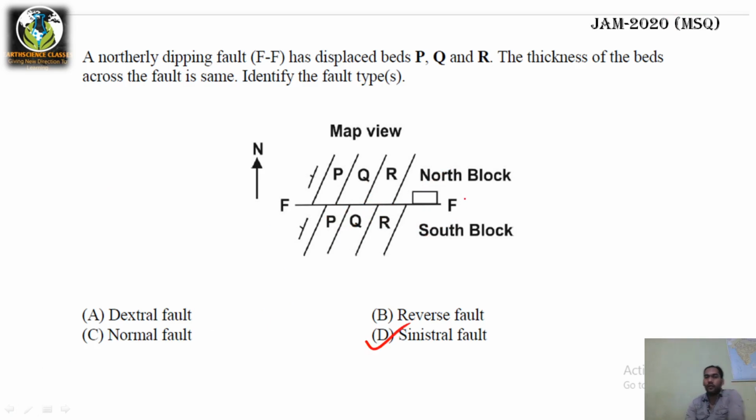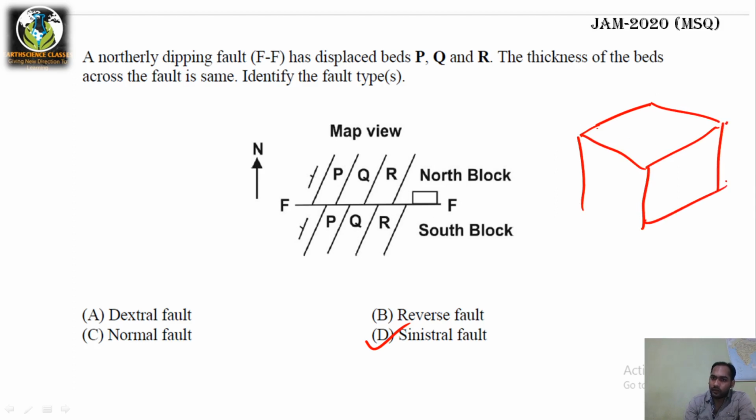Then there will be another option, so let's start that. Suppose this is the block, and these are the beds, dipping towards the northwest.